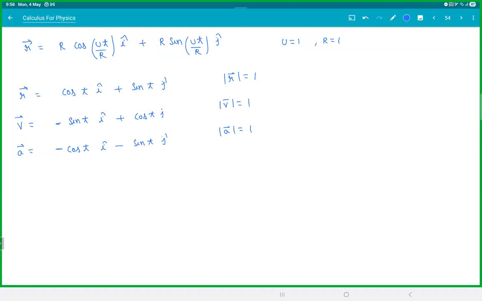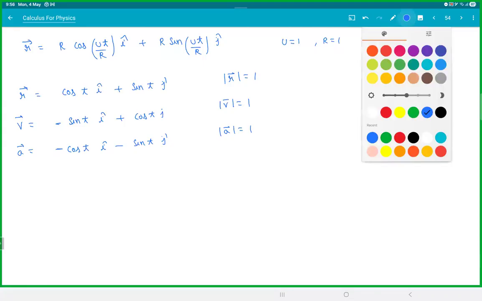So what we got here are vectors which are rotating by 90 degrees and all of them have magnitude 1. No matter how many times you differentiate, you're going to end up with 1. So those are the few things we can see.